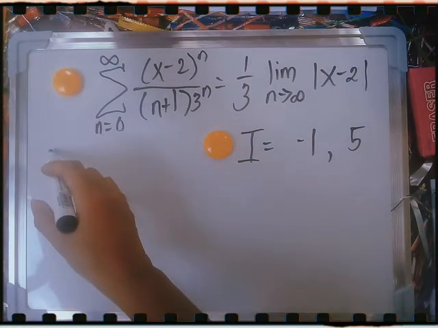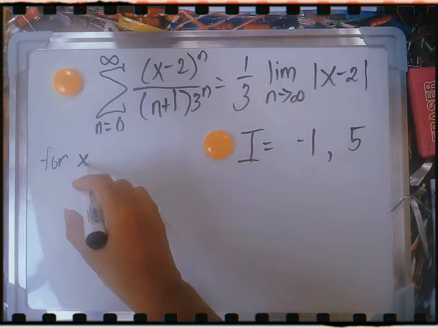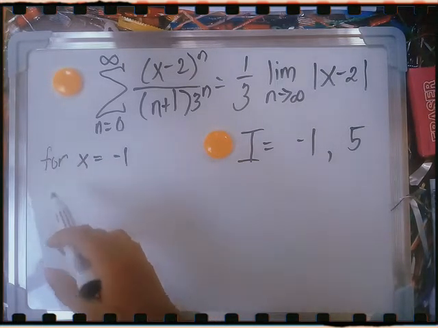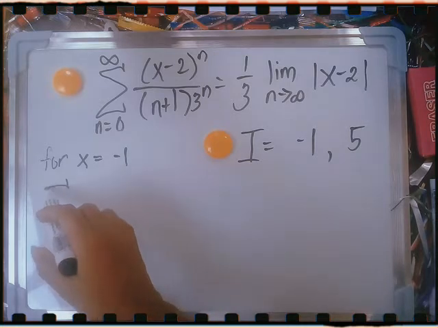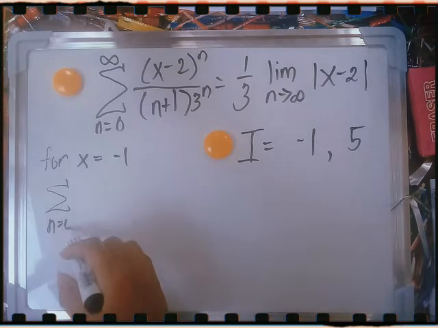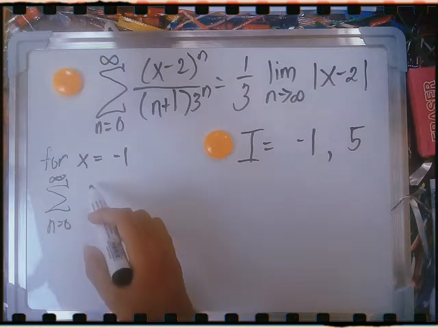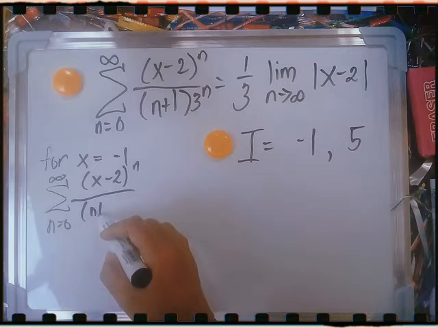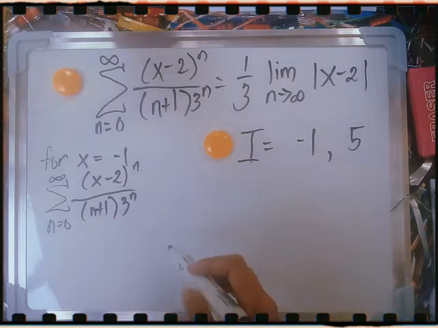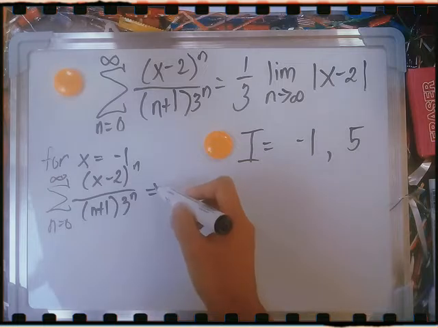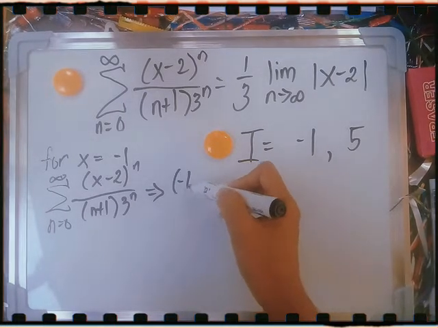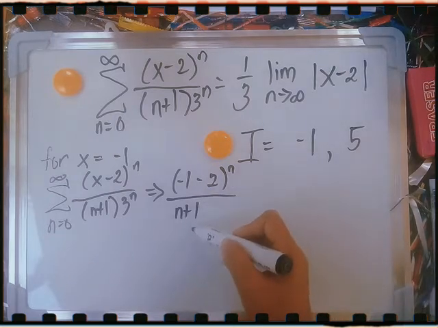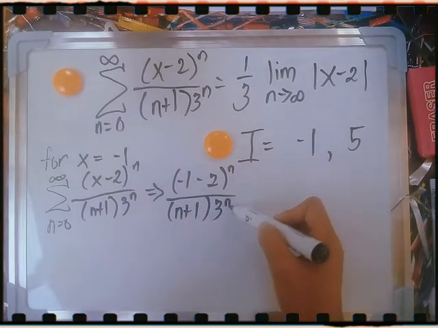Let's test for x is equal to -1. So the series as n is equal to 0 to infinity of x minus 2 raised to n over n plus 1 times 3 raised to n. This is our given. We're going to plug in -1 as the value of x. So we have -1 minus 2 raised to n over n plus 1 times 3 raised to n.